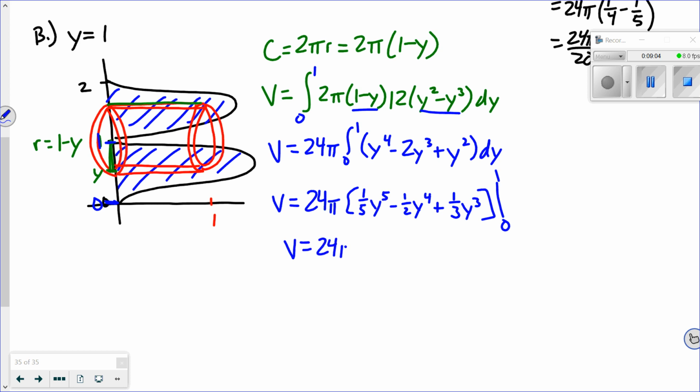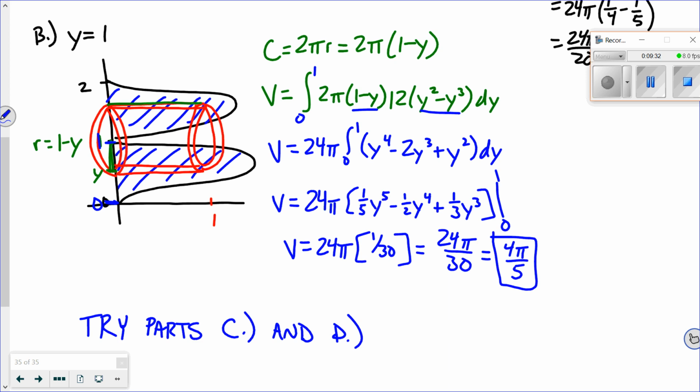All of this in brackets will become 1/30th. So 24 pi over 30, divide the top and bottom by 6, 4 pi over 5.